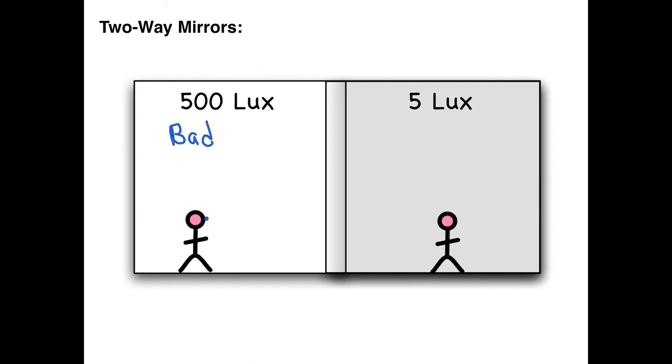So when that light is coming off of this guy and striking this piece of glass, it's important to realize that this glass is half silvered, so half of that light will bounce right back to the person in this room. And assuming the brightness of the original line was 500, the brightness of this reflected line will be 250. There will also be half of the light traveling through that half silvered mirror, reaching the person in the dark room. That will also have an intensity of 250.